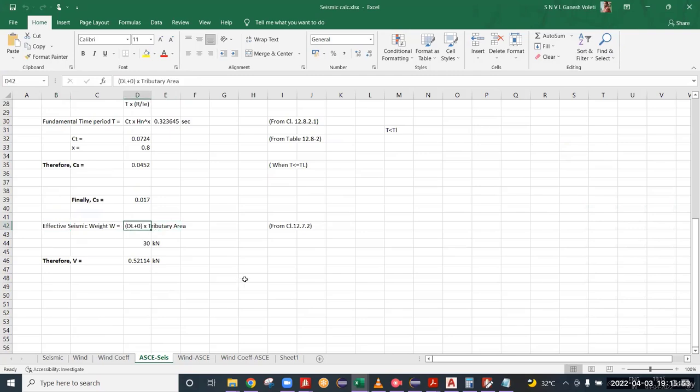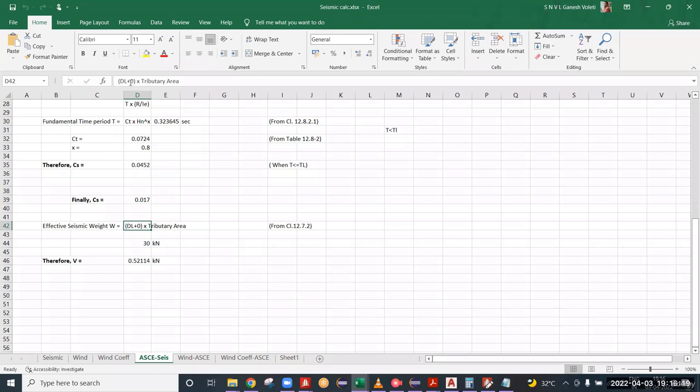Because there is no factor for 25% or 50%, there is nothing like that for live load, roof live load. In the ASCE 7 code, we have taken 0, because if you go through seismic weight in the code, clause 12.7.2, in that you can observe dead load into tributary area directly they have given for the roof.